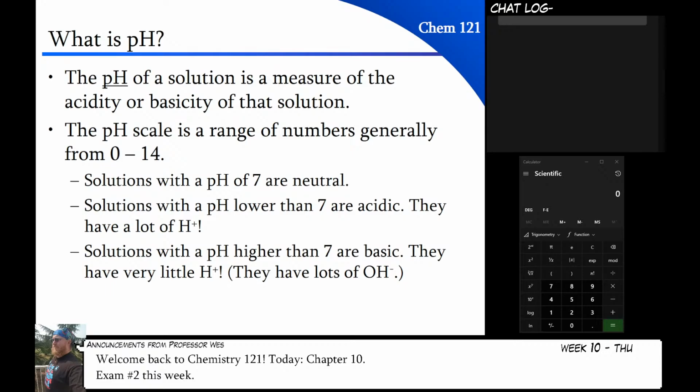If you have a pH lower than 7, we call that acidic. Acidic solutions have a lot of H+ relative to a pH 7 solution. If you have a pH higher than 7, we call that basic because the solution has very, very little H+, and as a consequence of having very little H+, there's lots of hydroxide.